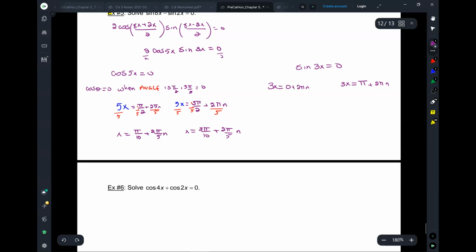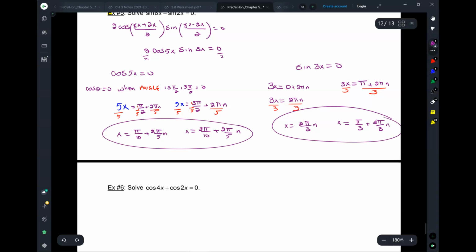But then what do I need to divide by? So this is 3x is equal to 2 pi n, the 0 goes away. So then what do I divide by? 3. Divide by 3. So x is 2 pi over 3n. x is pi over 3 plus 2 pi over 3n. Okay? And those are the answers.